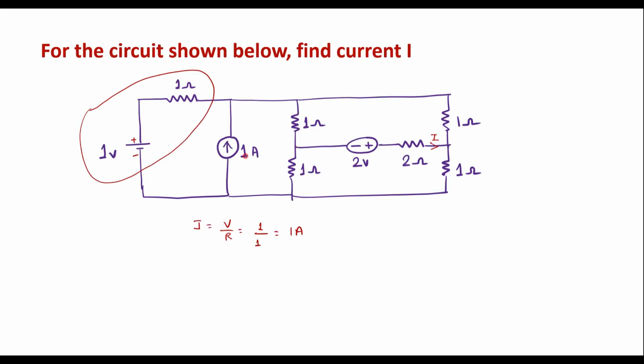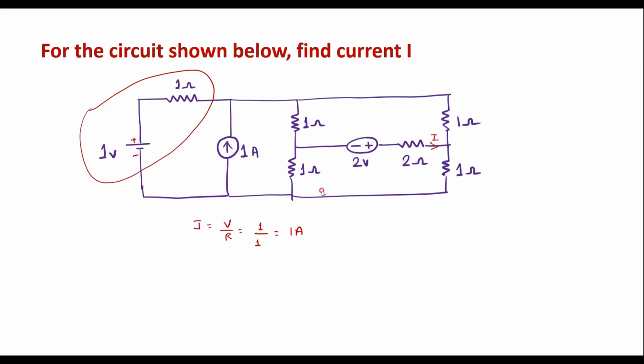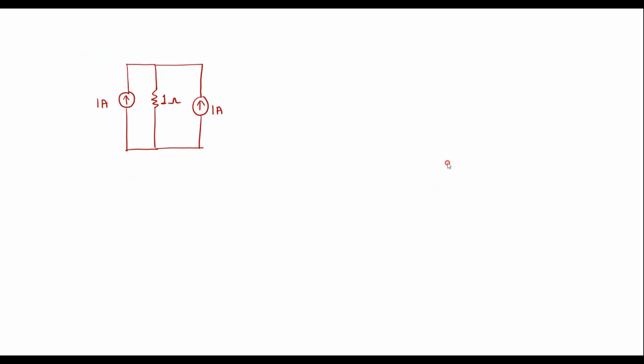Rest of the circuit I will draw as it is. Here we have one more 1 amp. I will connect it as it is. This is 1 amp. This is 1 amp I have connected as it is, and rest all the circuit I will connect as it is. So here we have 1 ohm.